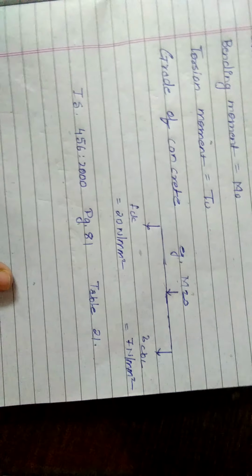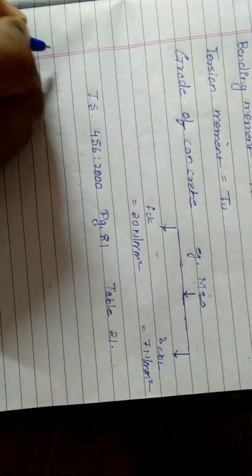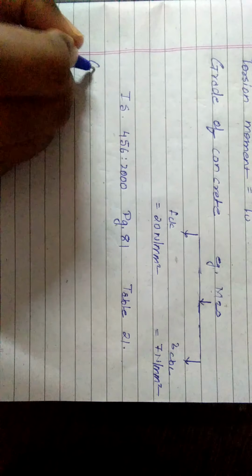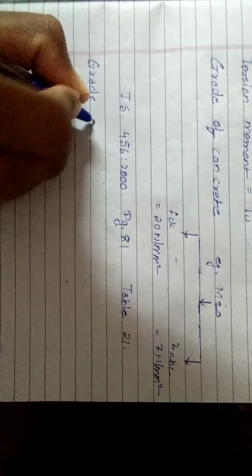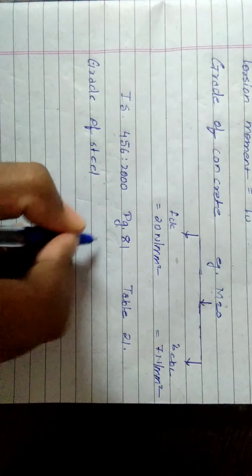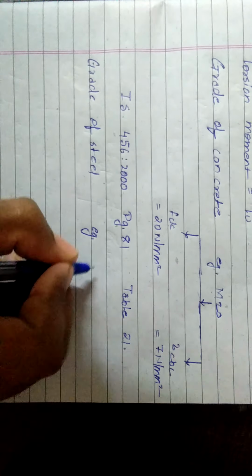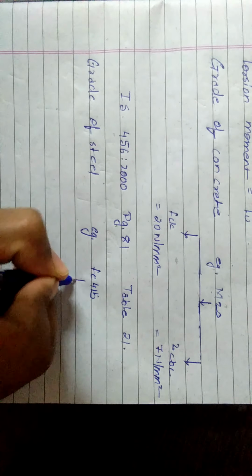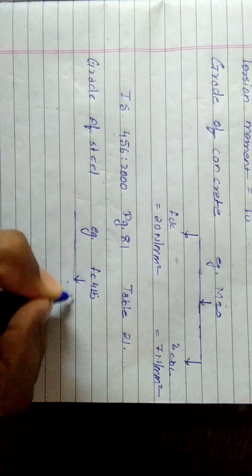Now the next term is the grade of steel. For example, if the grade of steel is Fe415, here also we have two values.